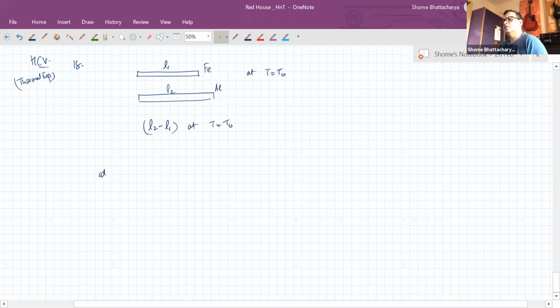So at a new temperature, at T naught plus delta T, the new length of this one will become L1 into 1 plus alpha of iron into delta T. And the length of this one will become L2 into 1 plus alpha of aluminum into delta T. So at this new temperature, the difference in length is L2 prime minus L1 prime.